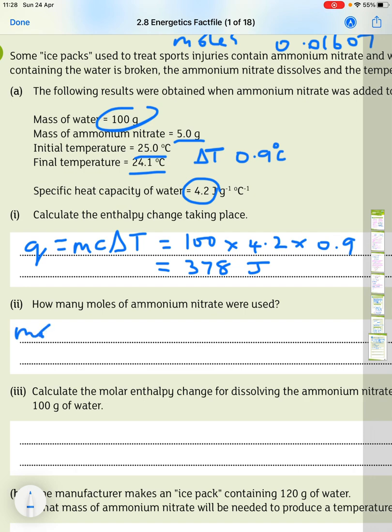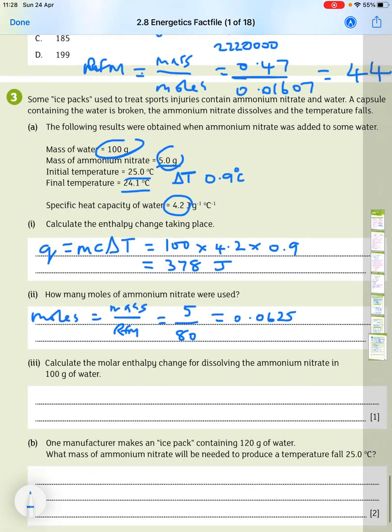So then how many moles of ammonium nitrate were used? So the moles is the mass over the formula mass. So we have 5 from the question here, divided by 80, which is the formula mass of the ammonium nitrate, so that's 0.0625 moles.